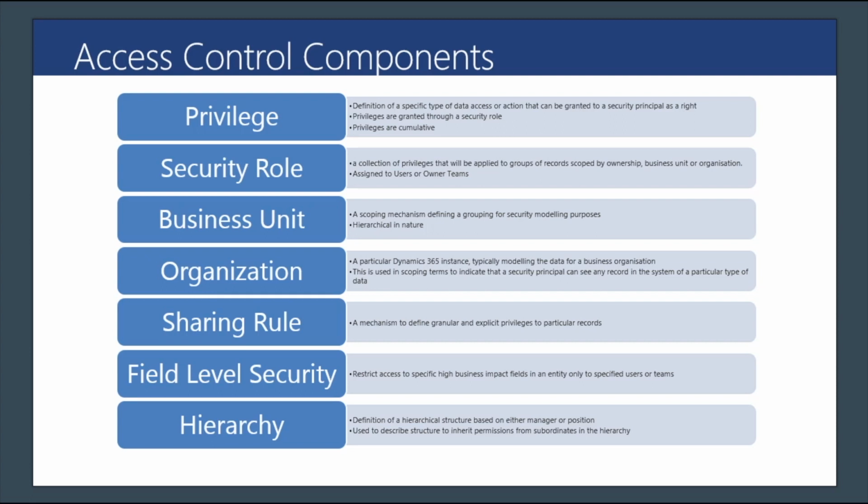So you can define hierarchical structures that can be based on either managers or positions within the system. Hierarchies allow users to inherit permissions based on the hierarchy to which they're a member of. Managers can inherit record access to records that are owned by their subordinates. And we'll get into each of these in a little more detail as we go through the presentation.